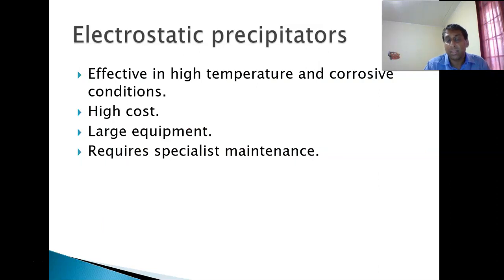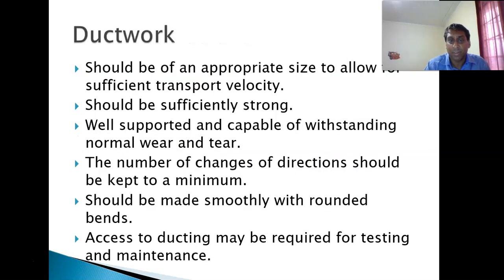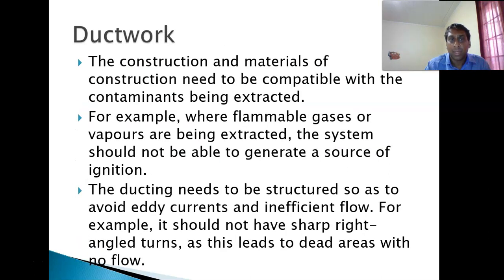For example, where flammable gases or vapors are being extracted, the system should not be able to generate a source of ignition. The ducting needs to be structured so as to avoid eddy currents and inefficient flow, and you normally get those around sharp bends. For example, it should not have sharp right angle turns, as this leads to dead areas with no airflow.